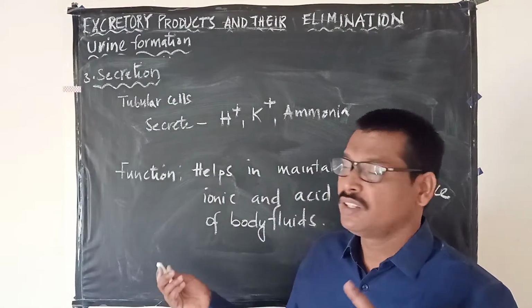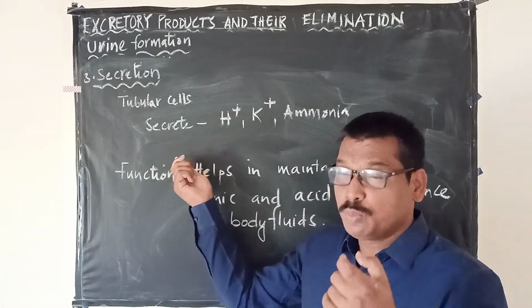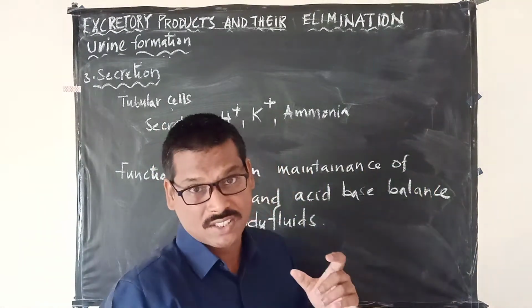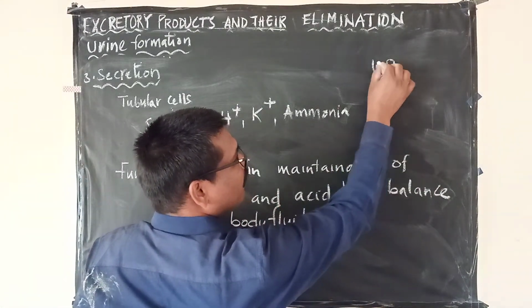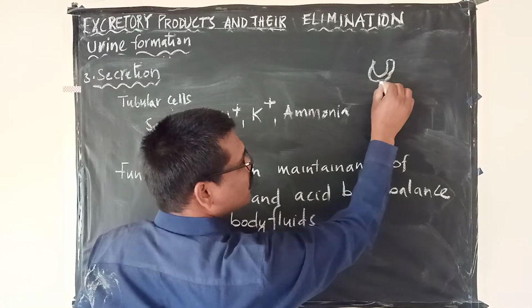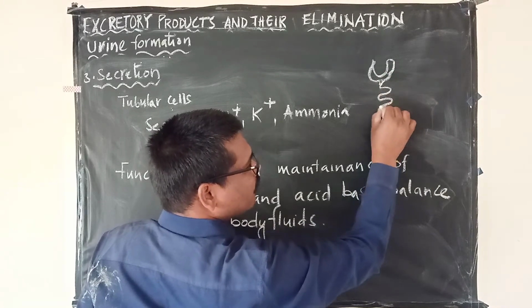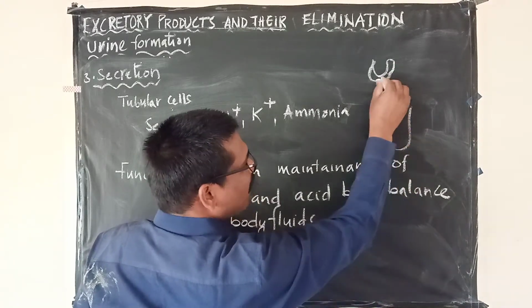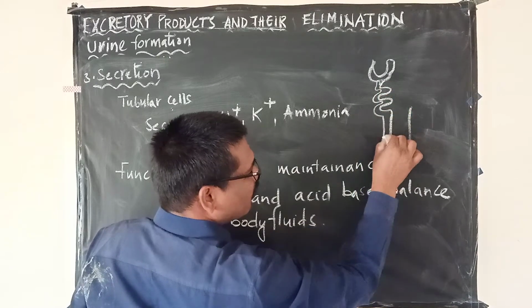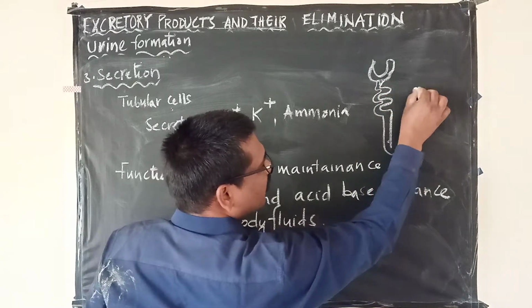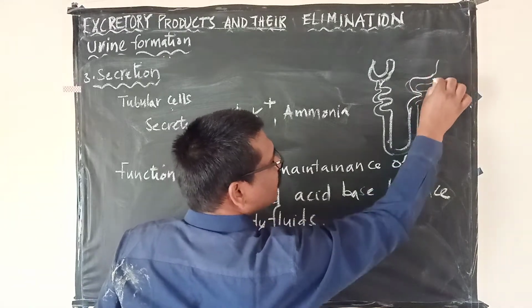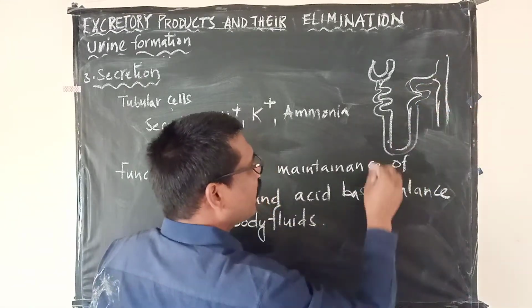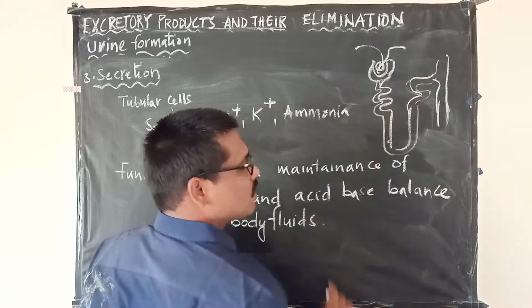Secretion. So here the tubular cells, we already said the renal tubule. Suppose this is the nephron, different parts of the nephron will be secreting different types of substances or ions.